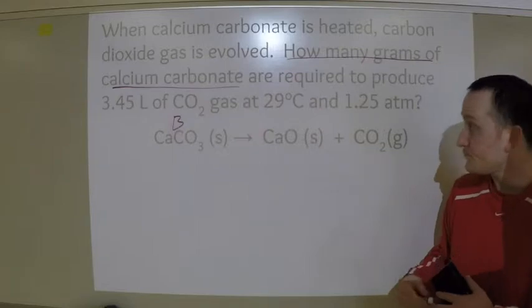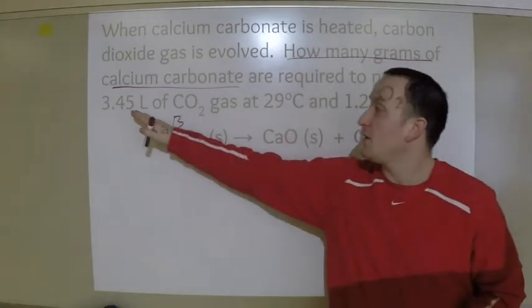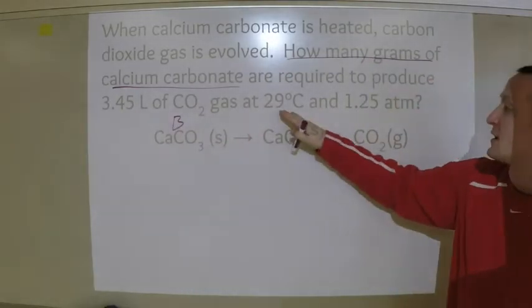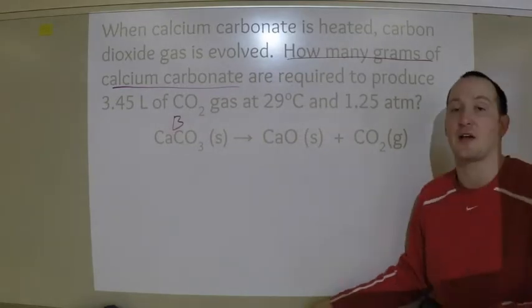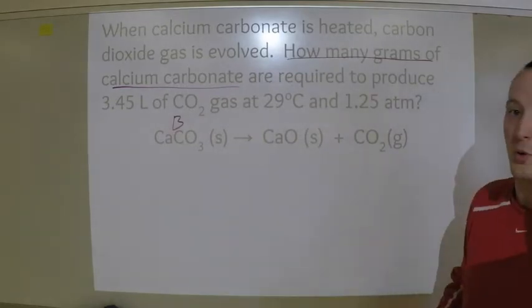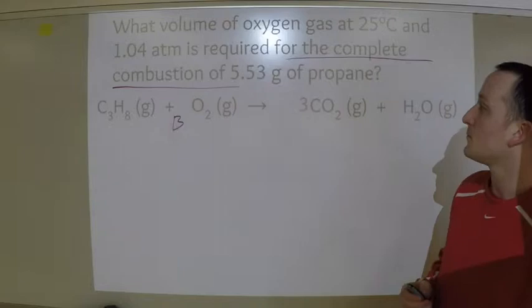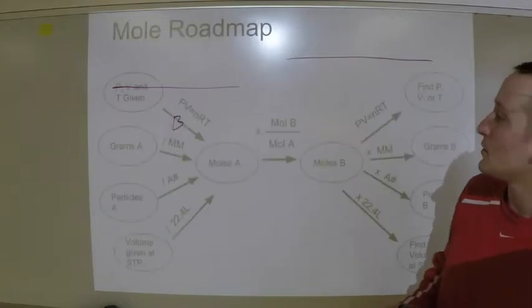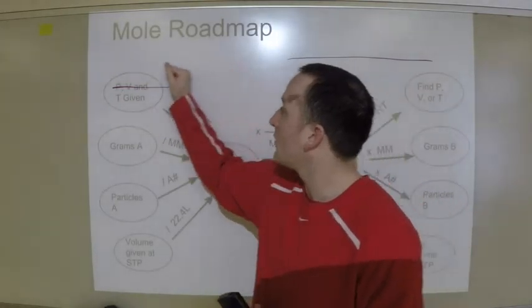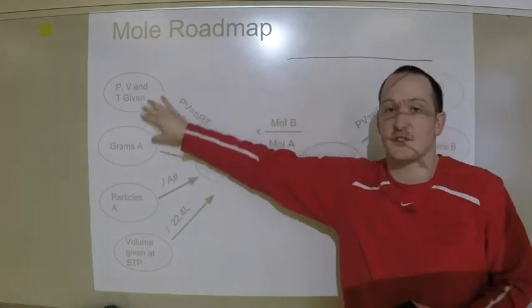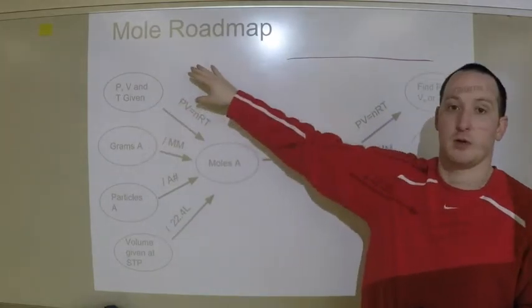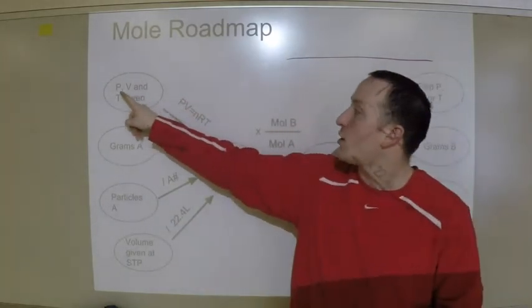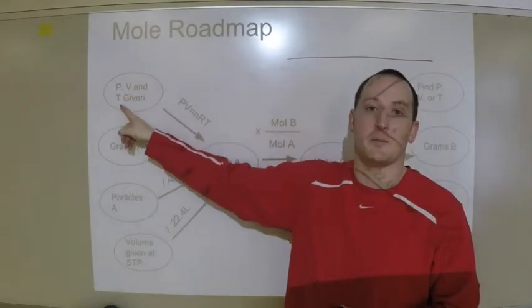So, we are given a volume, we are given a temperature, we are given a pressure. I'm going to backtrack a little bit to look at our mole map. Here, we have to start in one of these values. Notice how here it says pressure, volume, and temperature given.